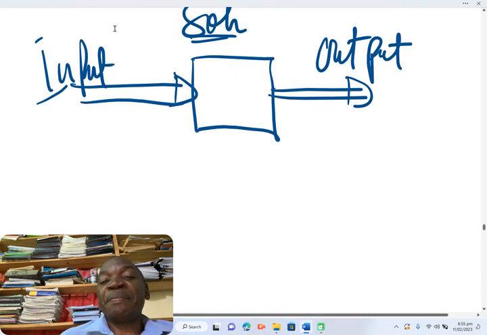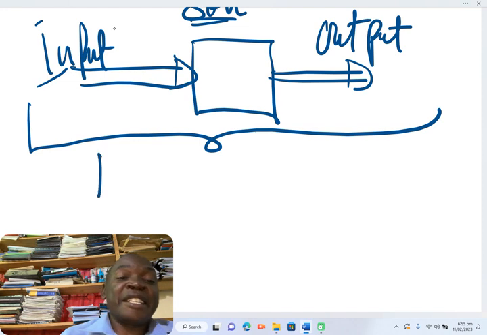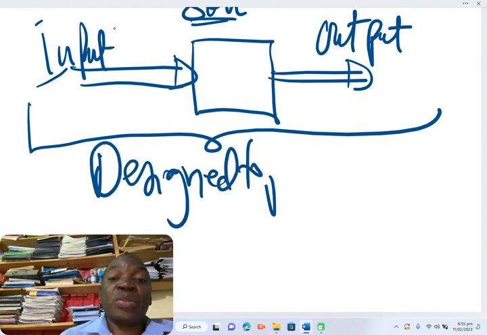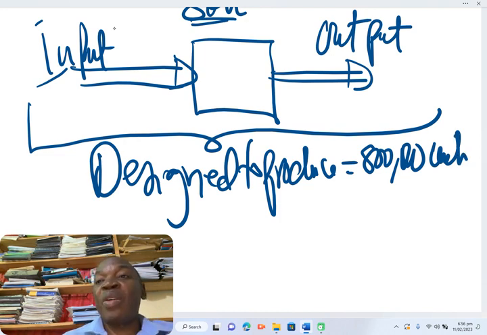This machine has been designed to produce how many? 800 units. Once these units have been produced, then the machine will have a working life of 0.